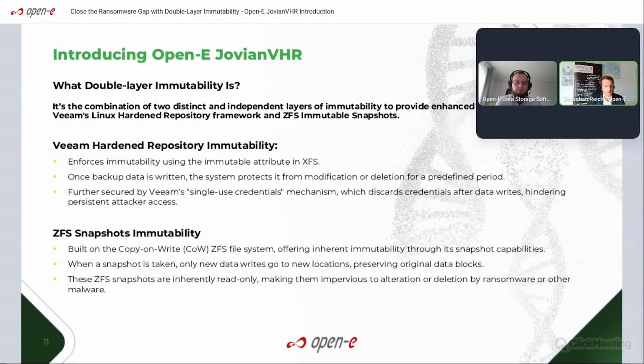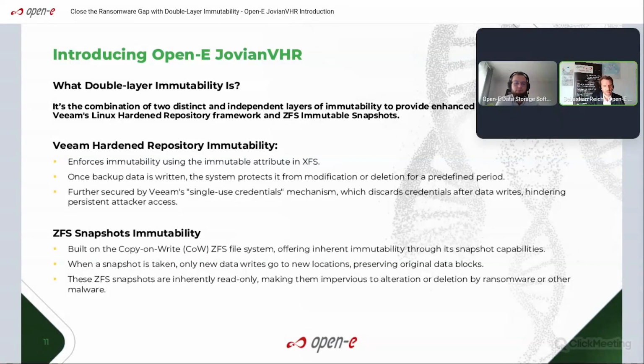The hardened repository immutability is enforced using the XFS immutable attributes. That's the first layer. Once the backup data is written, the system is protected so that the data cannot be deleted or modified for a certain predefined amount of time.